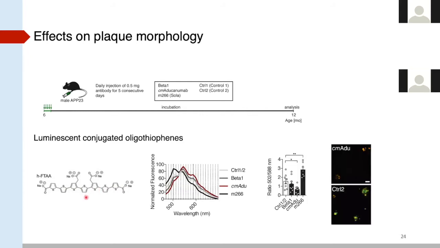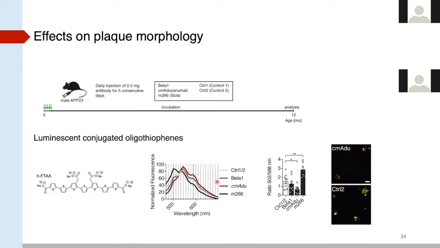In our study, we used two different dyes. One is the qFTAA, which has an emission peak of 502 nanometers, and HFTAA, which you see on the left side, with an emission peak at around 588 nanometers. And these are the emission spectra of the antibodies. You can already see that M266 and ADO look a little bit different than control and beta-1.